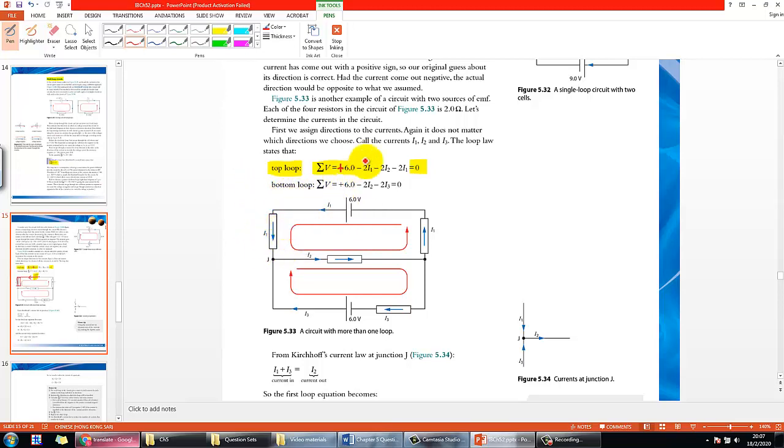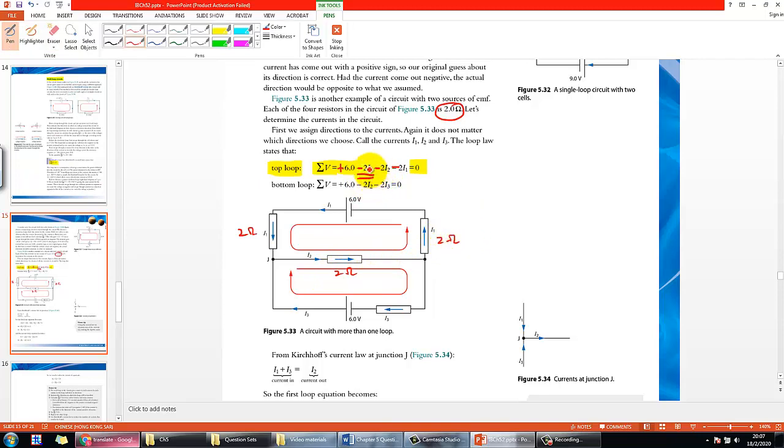So that's why here we will have minus I1 this one, and also minus I2, and minus this I1 as well. The question already told us they are all 2 ohm, so that's why times 2 ohm. Let me label it 2 ohm in this case.